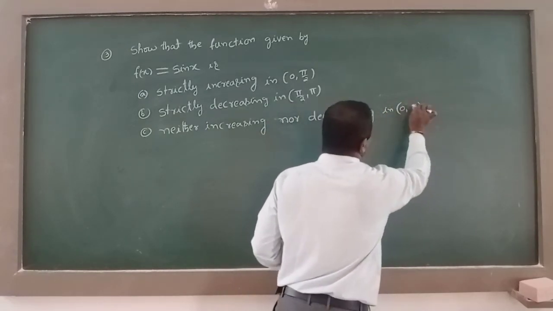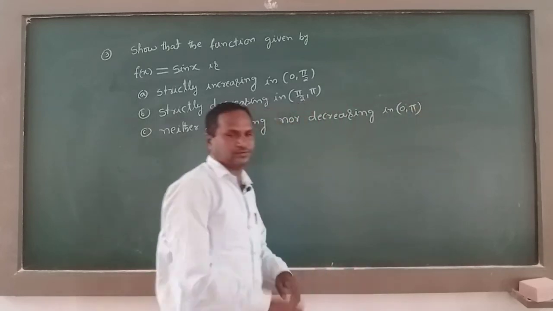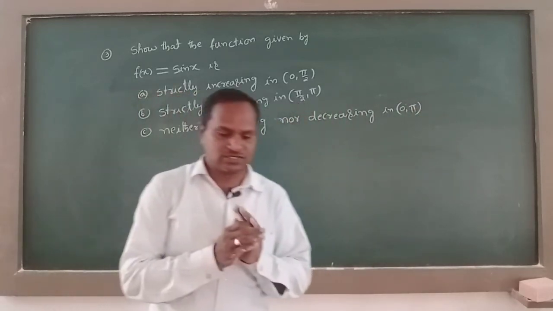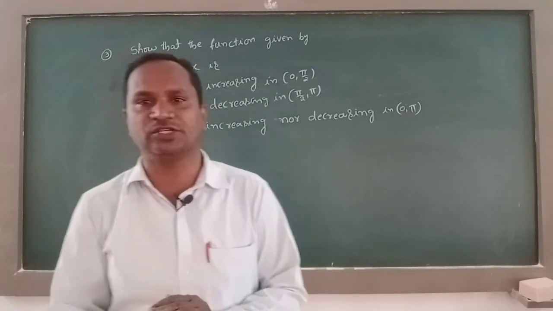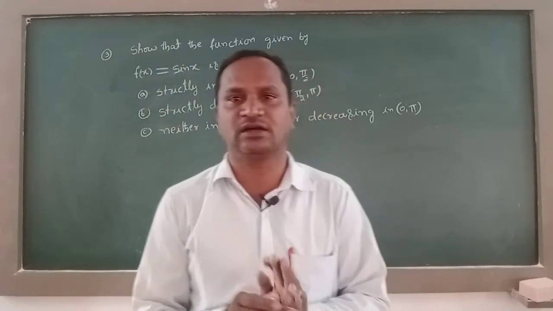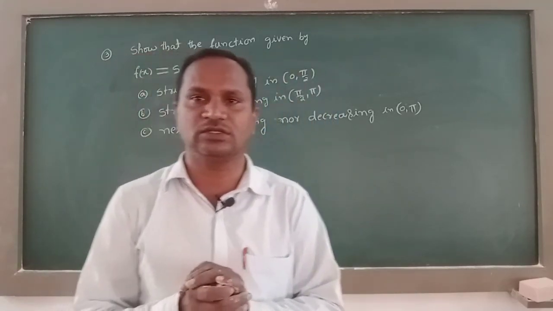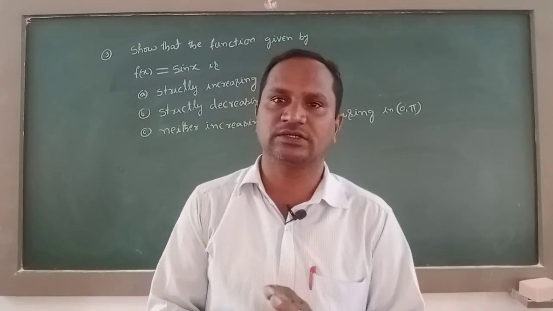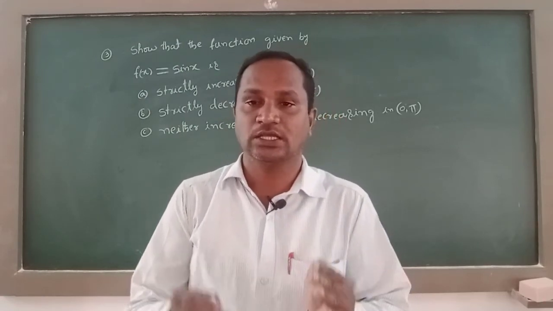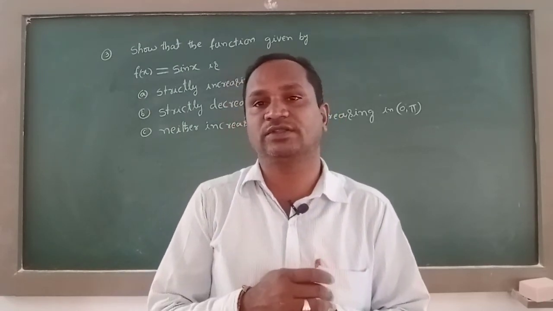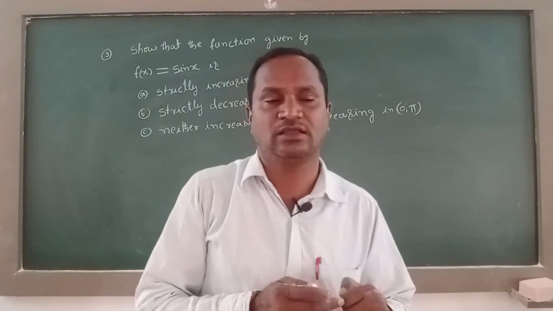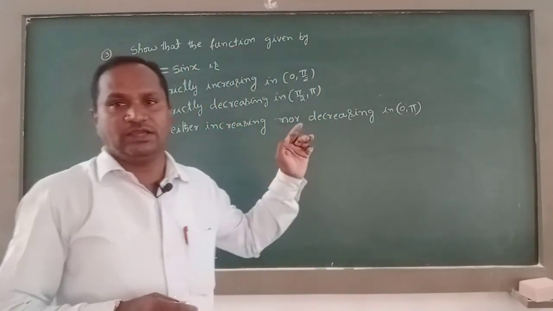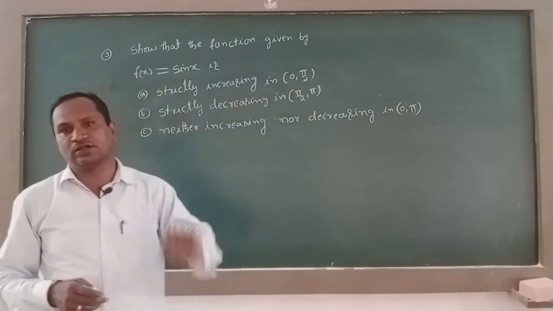Like that, here they are asking three questions. One interval is the open interval 0 to pi by 2, another interval is pi by 2 to pi, and the third interval is 0 to pi. Like that they are asking three questions on the three given intervals. This question is on trigonometric functions.